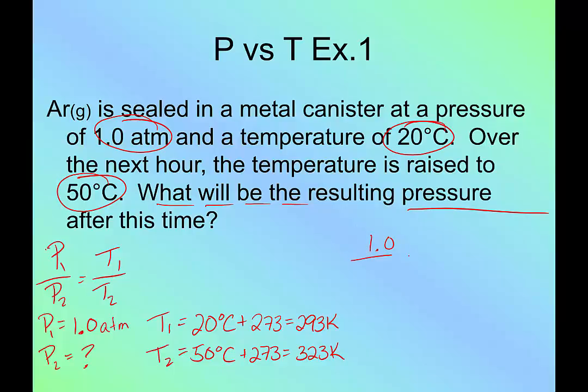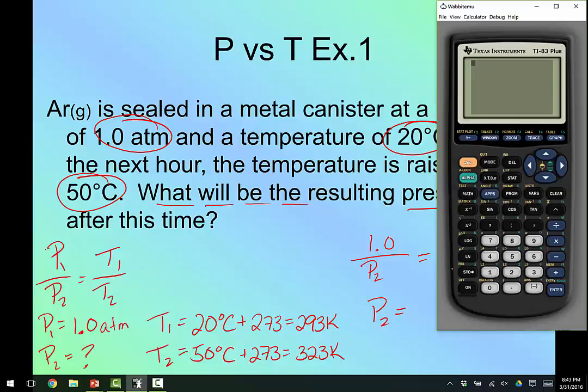1 atmosphere over P2 is equal to T1, which is 293, over T2, which is 323, and my P2 will be, and again, I'm going to cross multiply. So whip out the calc. Okay, so I'm going to cross multiply.